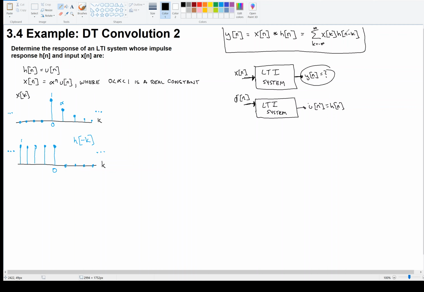Now, we have to compute this convolution sum. Actually, I'm going to back up. I can view the convolution sum then as, a couple points here, x and h plotted versus k, right? So that's what we talked about already. Then h is flipped.